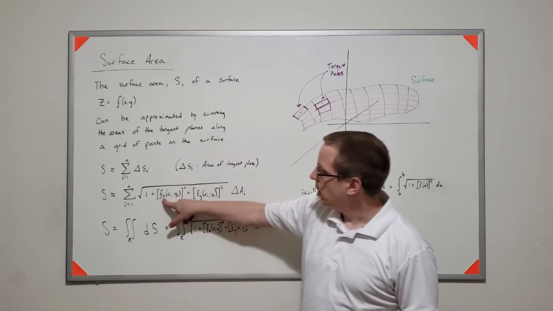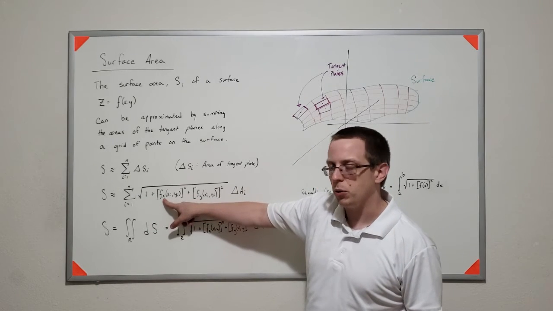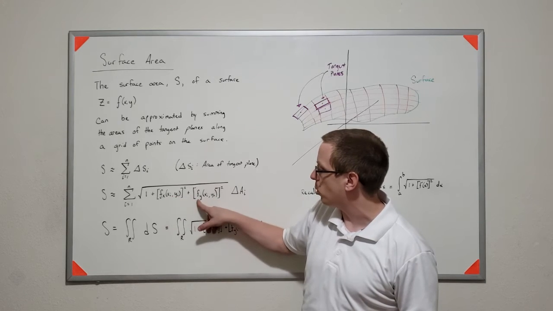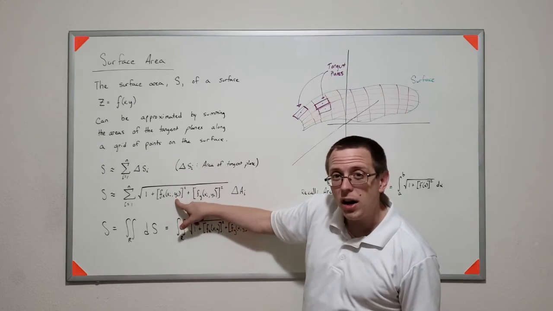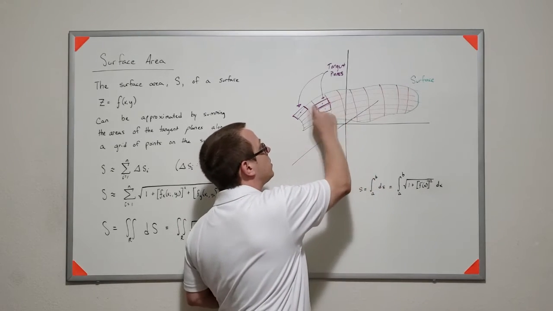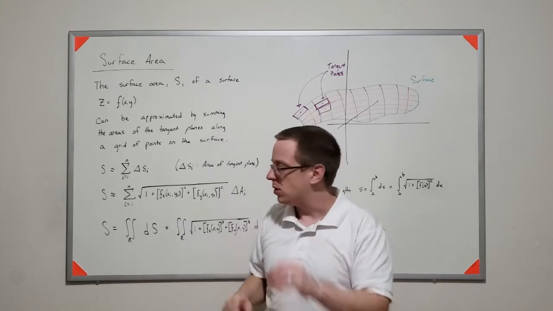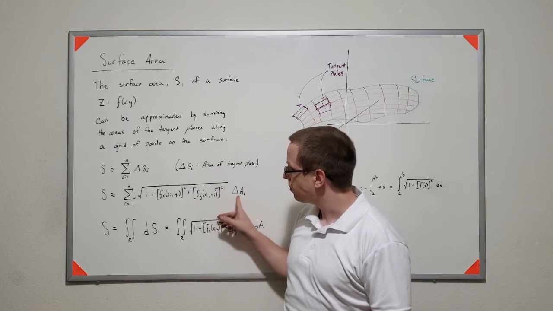And it's the square root of 1 plus the square of the partial derivative with respect to x plus the square of the partial derivative with respect to y. And again, these are at the points x_i, y_i, times the differential area there.